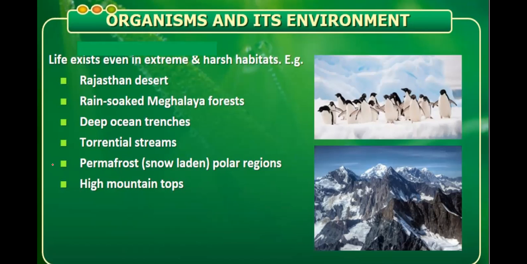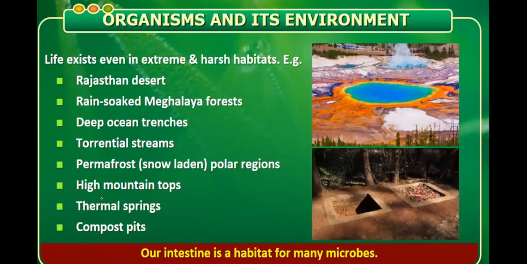Life is also there in the permafrost snow-laden polar region as well as high mountain tops. So life is there in the Rajasthan desert, the rain-soaked Meghalaya forest, deep ocean trenches, torrential streams, permafrost, high mountain tops, thermal springs, which are hot water bodies, and compost pits.